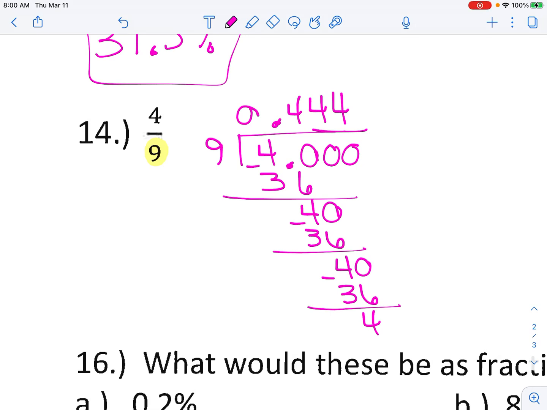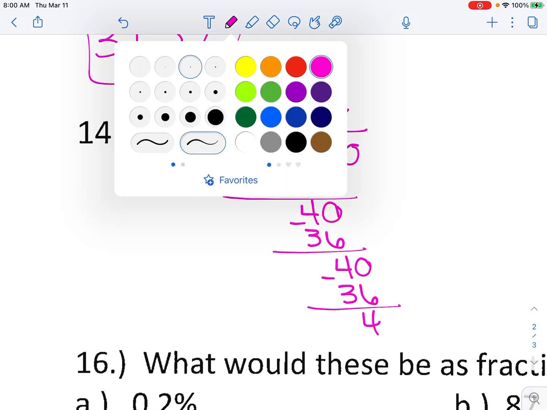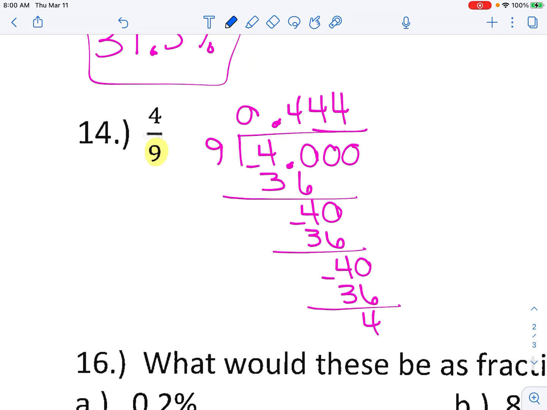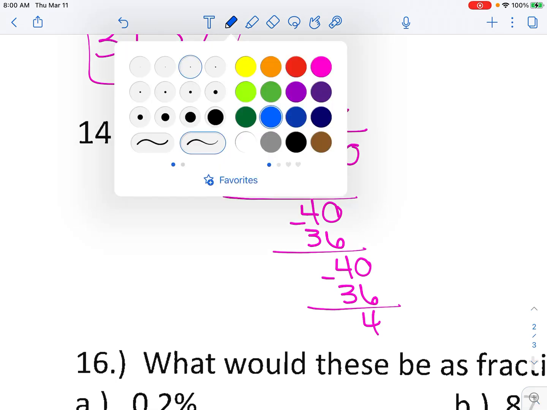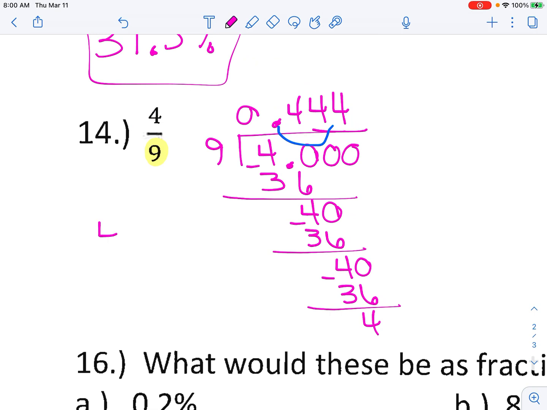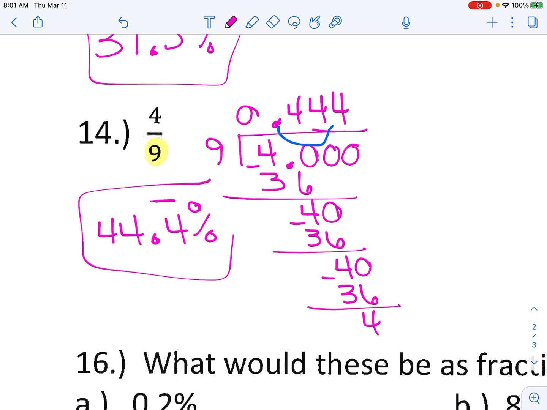We're going to convert this to a percent. So remember, we're going to move that decimal 2 places to the right. So that percent is going to be 44 and 4/10 repeating percent.